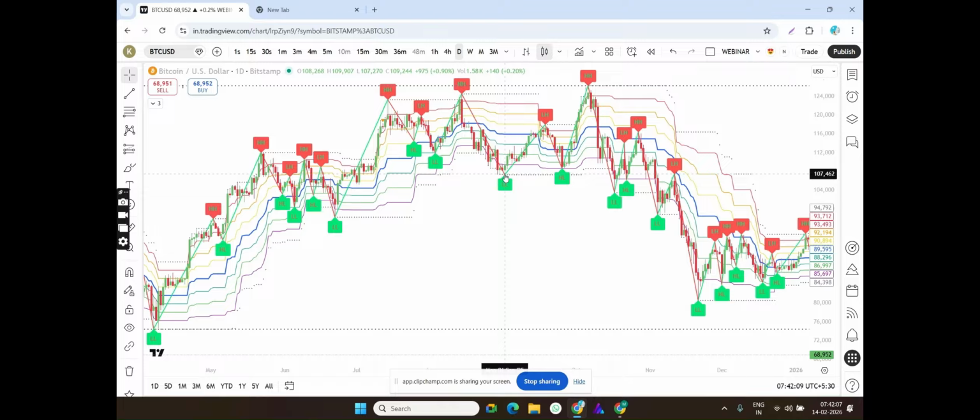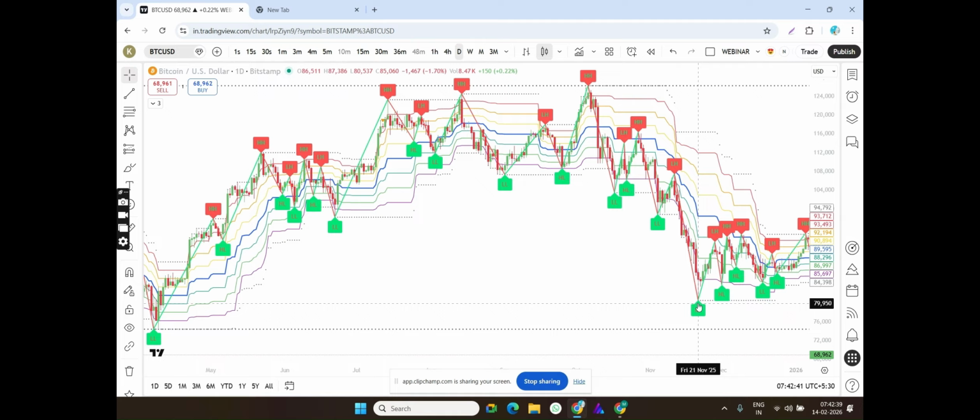Because this low was 107,270 on the indicator, and this high was 107,465. Once we drop below this 270, you got a decent fall here.